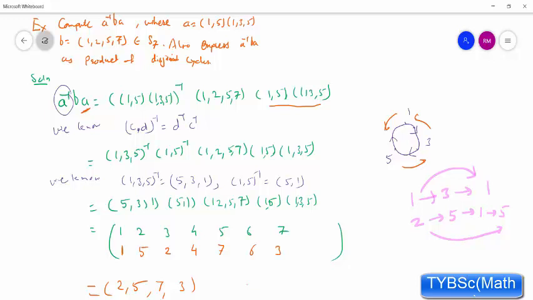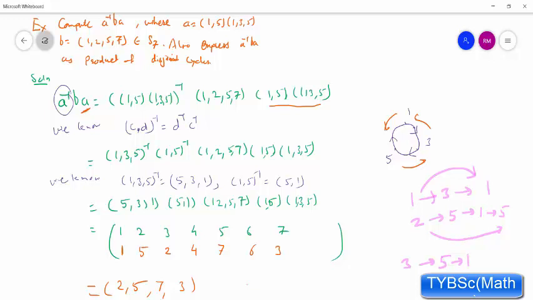Again observe for 3. Here 3 is there, 3 goes to 5. Again observe 5, try to search 5 in the right-hand side brackets of this main left bracket. 5 goes to 1, the image of 5 is 1.